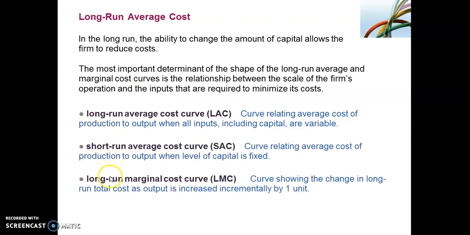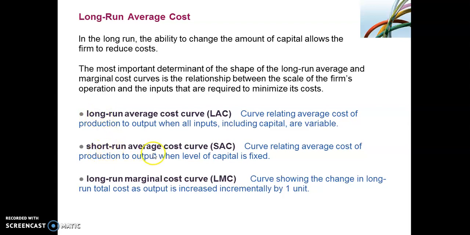The following 3 bullet points just explain what these curves pertain to, and then on slide 30, figure 7.9 shows these curves and the relationship with one another. So now your long run average cost curve, you know what average cost means. Your long run average cost is a curve that's going to relate average cost of production to output when all inputs are variable, right? Because we're speaking about the long run.